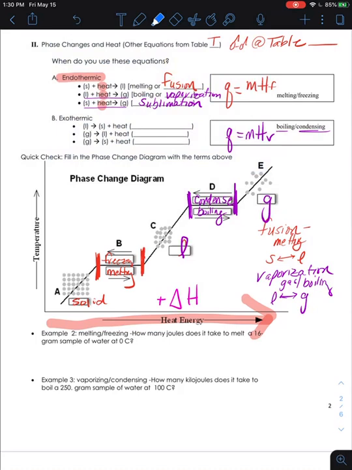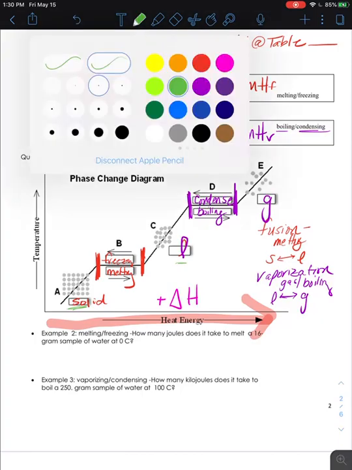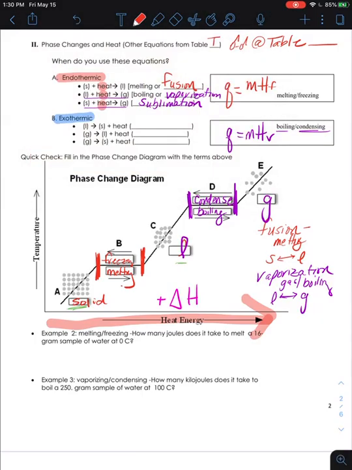So let's go over this briefly, what it's going to look like. If I go from a liquid to a solid, that's going to be here, so that's fusion. You can say freezing too, same thing.